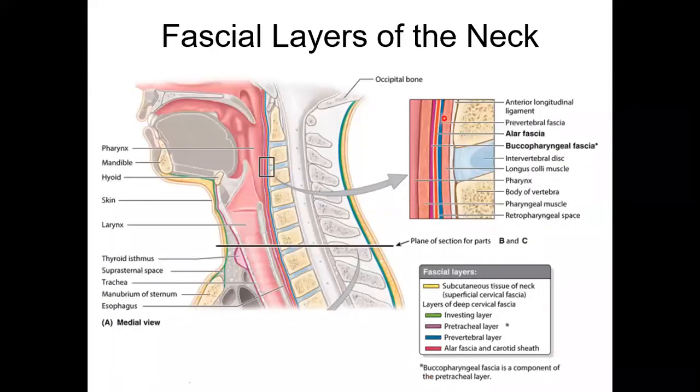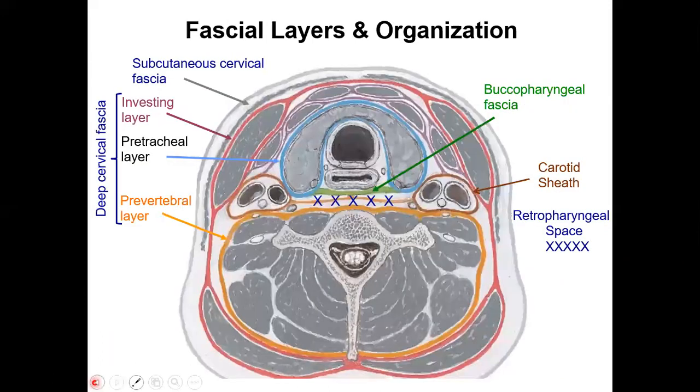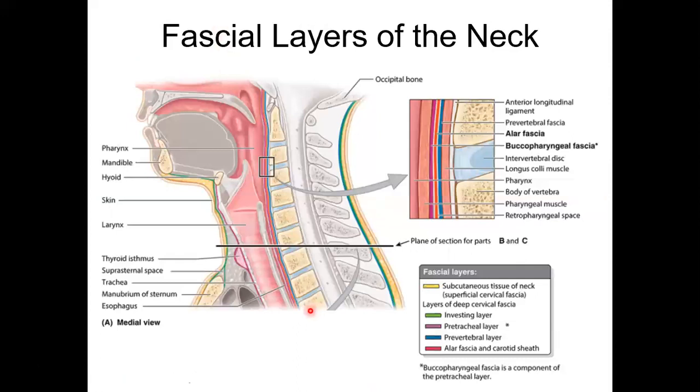All right, so yes, that was the alar fascia. Okay, so this one here is an axial cut, an axial plane or a transverse plane. This plane is sagittal, so splitting into left and right. It's still the same fascia, just looking at it from a different angle. So before we had that buccopharyngeal fascia, that alar fascia, and that prevertebral fascia.